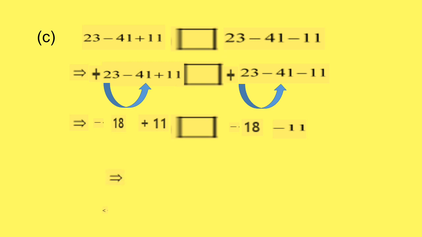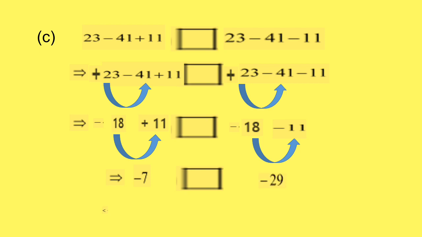Now here take these two integers, different sign. So I will subtract 11 from 18 and put the bigger number's sign, minus 7, then blank. Here same sign, so I am going to add these two integers and put the minus symbol, so minus 29.